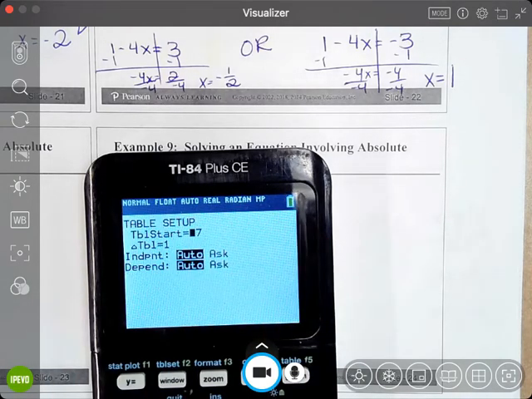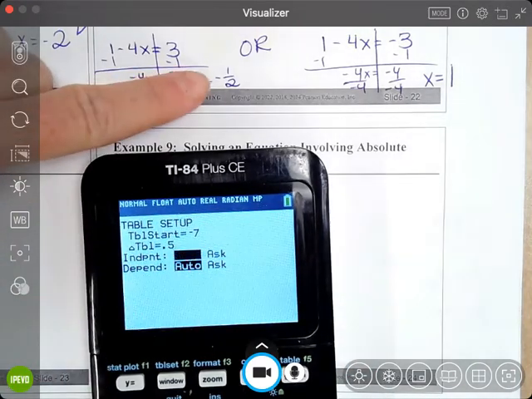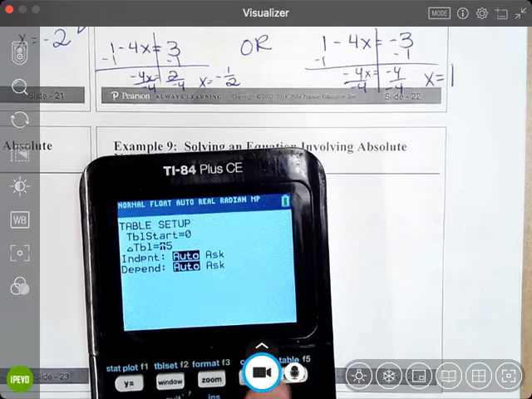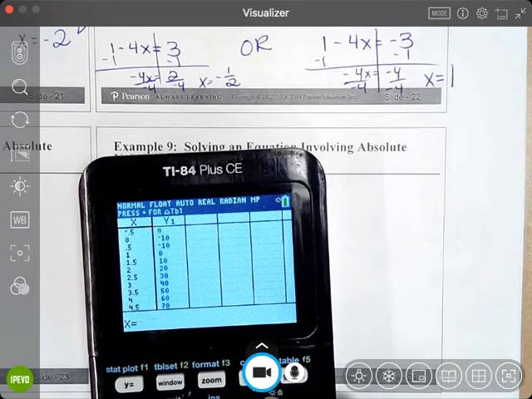And I'm going to change the table to be half so I can check the half one. Second window. It doesn't matter where you start it. So then we'll check negative 1/2.